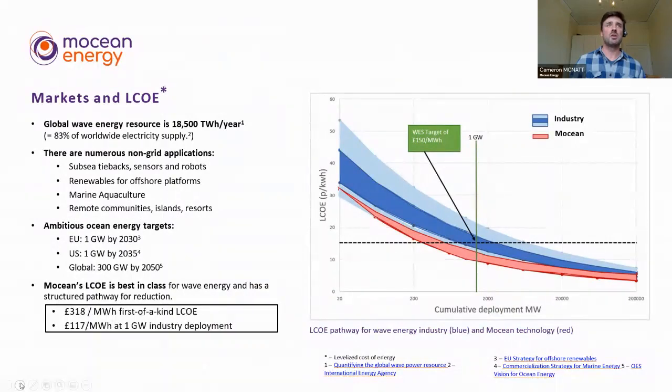And with our development plan commercially and our innovation program, we expect to have some really ambitious learning rates such that by a gigawatt of industry deployment of wave energy, we should be sitting around 117 pounds per megawatt hour. So we think that we really are well positioned to help take the industry forward.